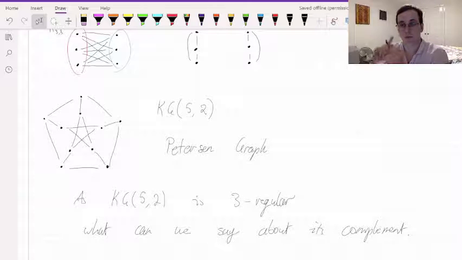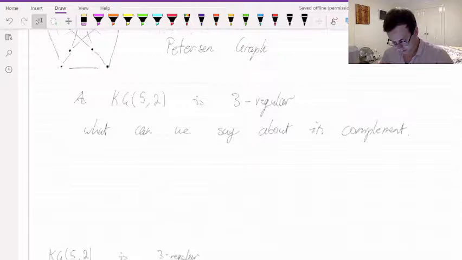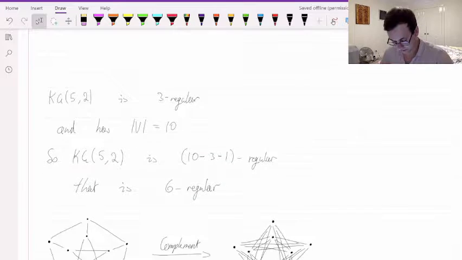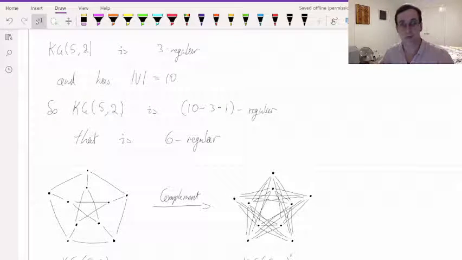Furthermore, if you're familiar with regular graphs, what do you think we can say about the regularity of the complement of the Petersen graph? Remembering that the Petersen graph is 3-regular. Now, the Petersen graph is 3-regular, has a vertex set consisting of 10 vertices.